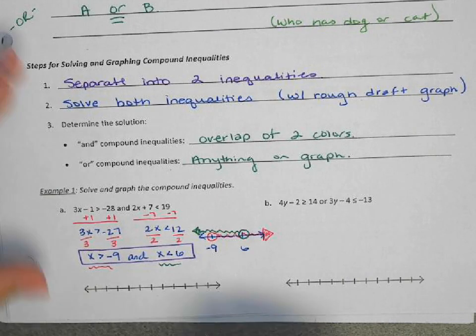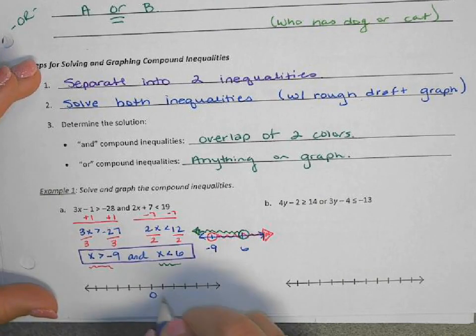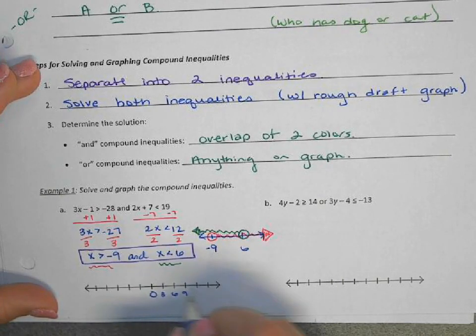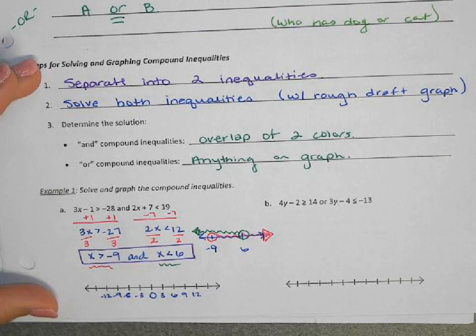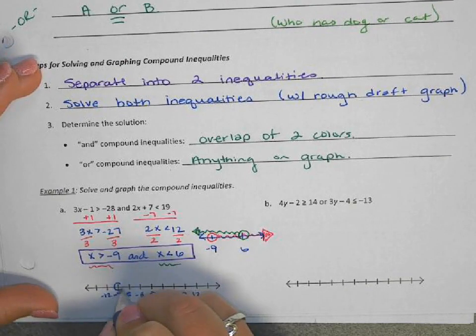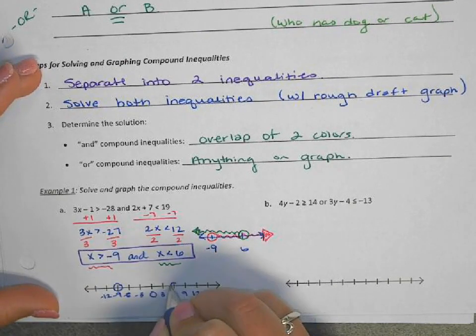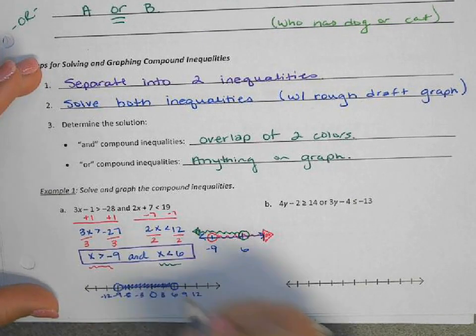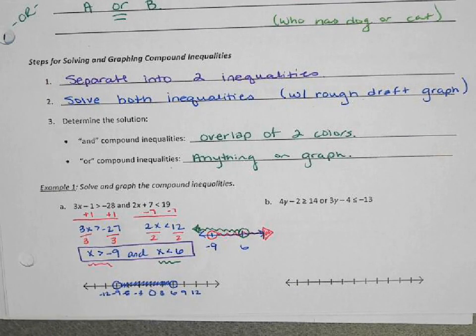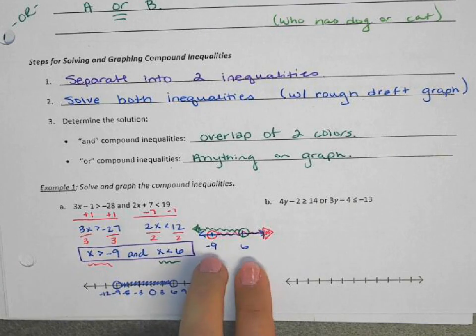So I need to come up with, maybe I'll go up by 3s on my scale. Okay, so I have an open circle at -9, an open circle at 6, and it's just shaded between the two because that's my final solution. Do you see that? Here it was green and pink just between -9 and 6.